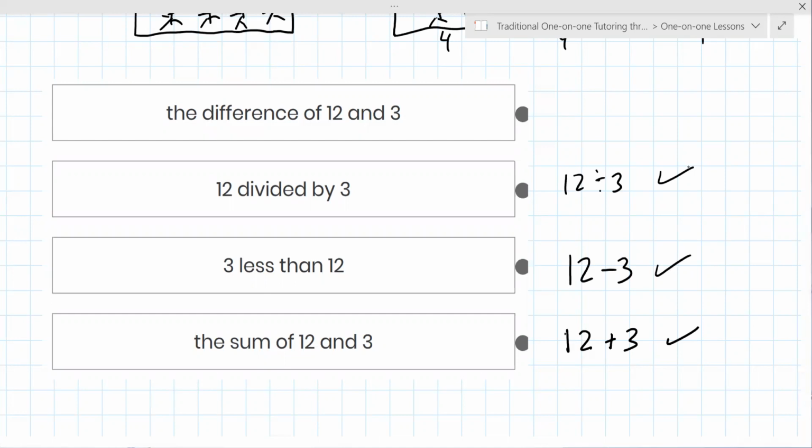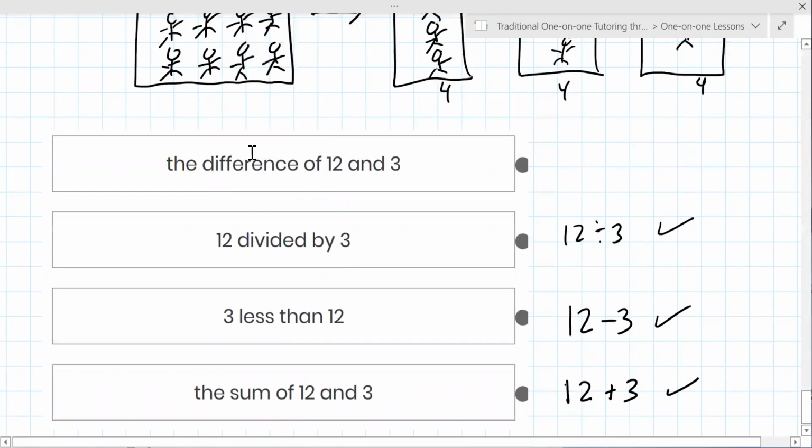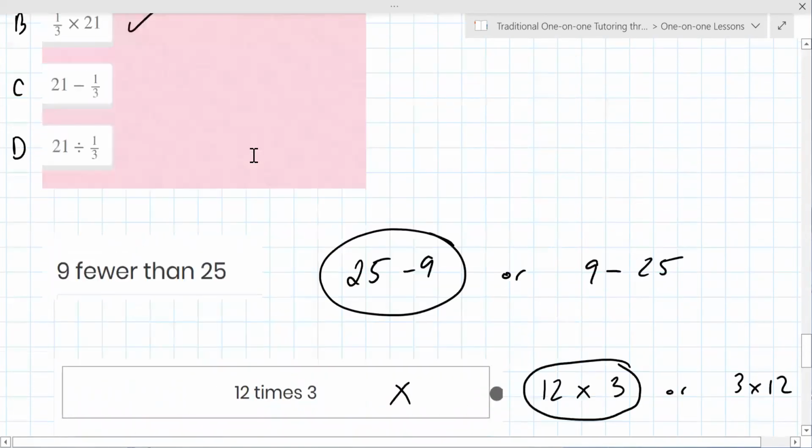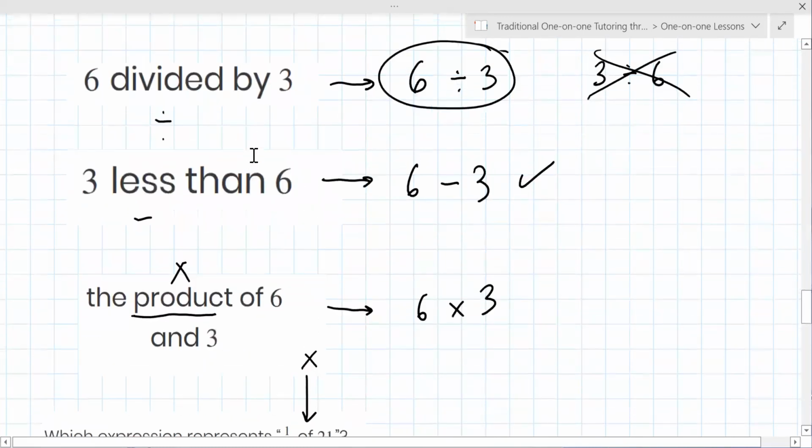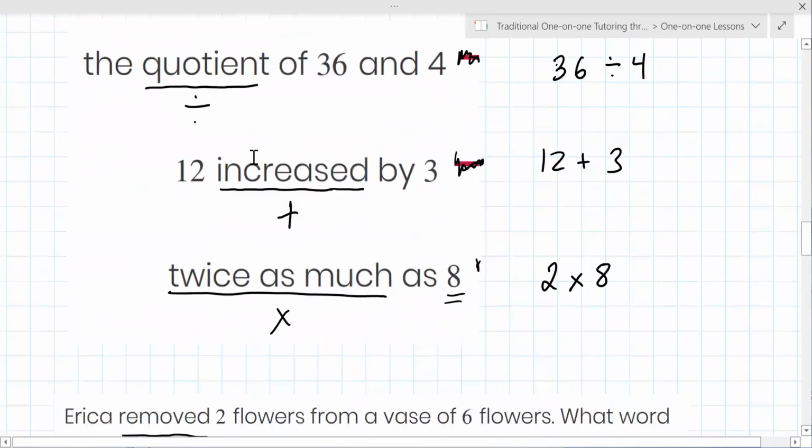Good. And then the difference of. Is it multiplication or no? Let's go back and look here. I thought we saw this previously. I guess it's been a while.